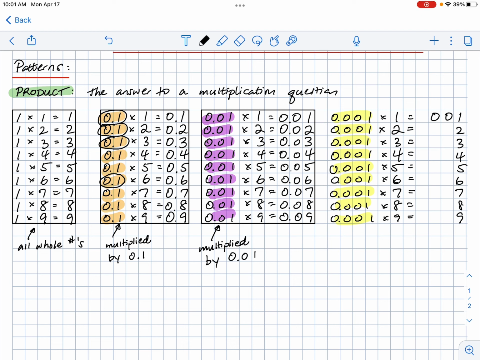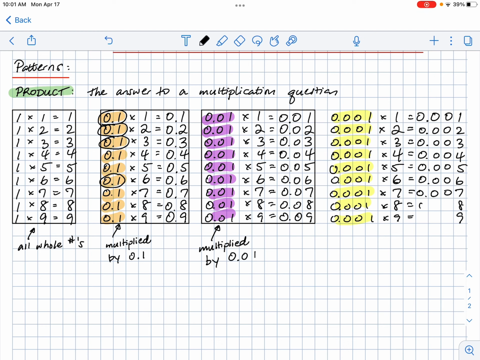Well, in the first case, you know anything you multiply by 1, you get itself. So it's going to be 1. The answer will be 1/1000th. Same thing on the next line. Okay, so you're going to follow the pattern. 1/1000th times 2 will give you 2 thousandths. 1/1000th times 3 will give you 3 thousandths. And then you can continue filling in the rest of the products down below.